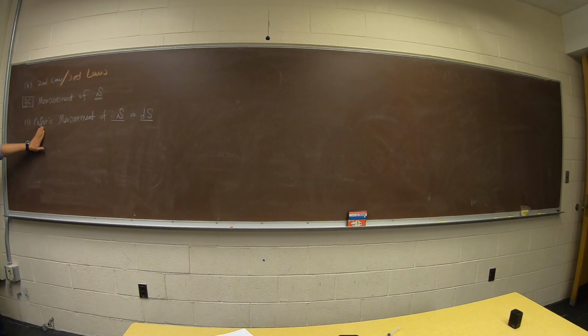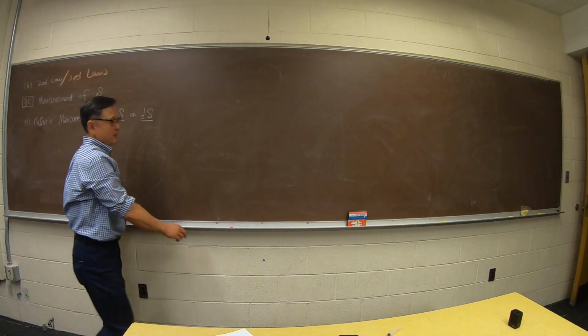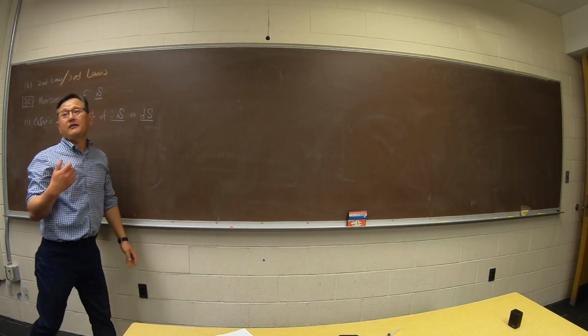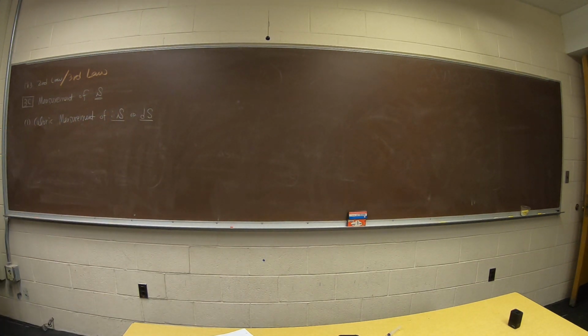We actually just talked about the caloric way. As human beings, we can easily measure volume, pressure and temperature, right? And also we can measure how much heat we generate.